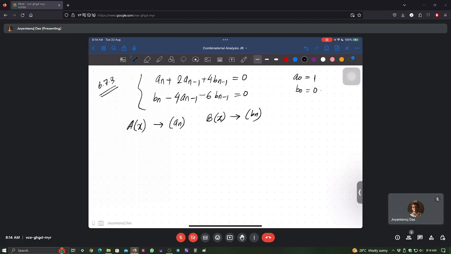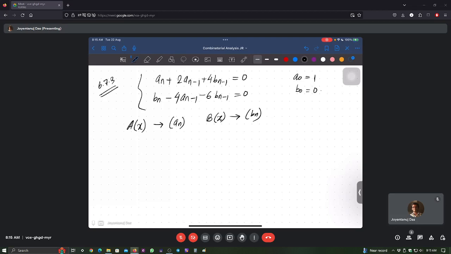I guess the idea is to construct again a generating function such that we have all the three terms lining up for each function.